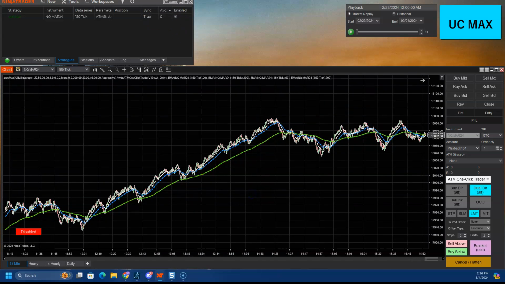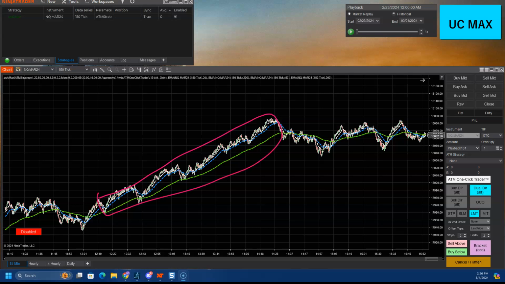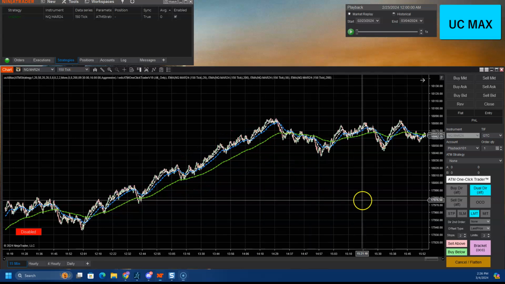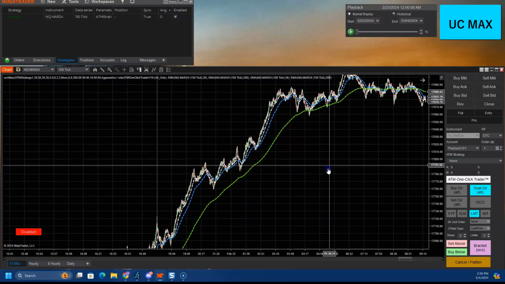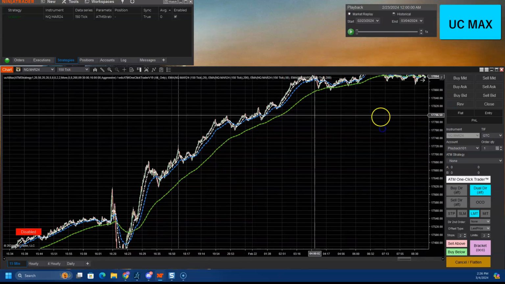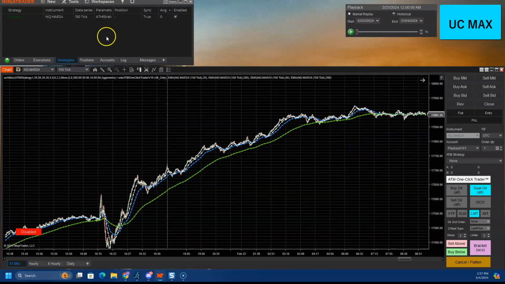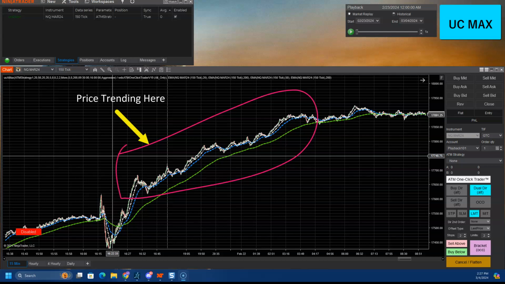By default, the way I have programmed it, it would only work in the trendy session, in the trendy structure. So it will only take trades when the market structure looks like this. It would love to trade in this structure, this one right here.